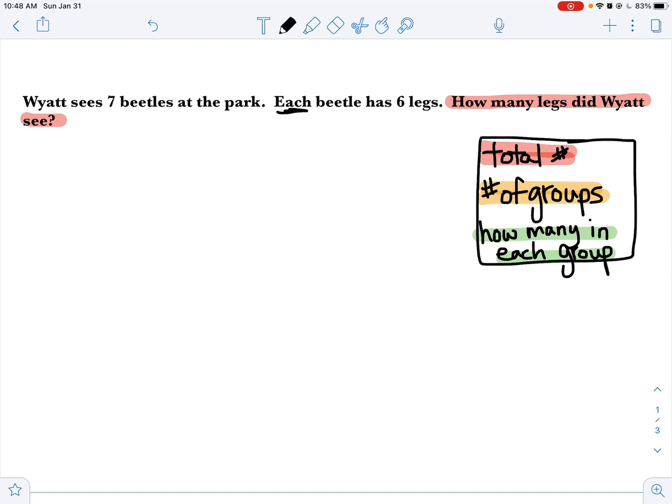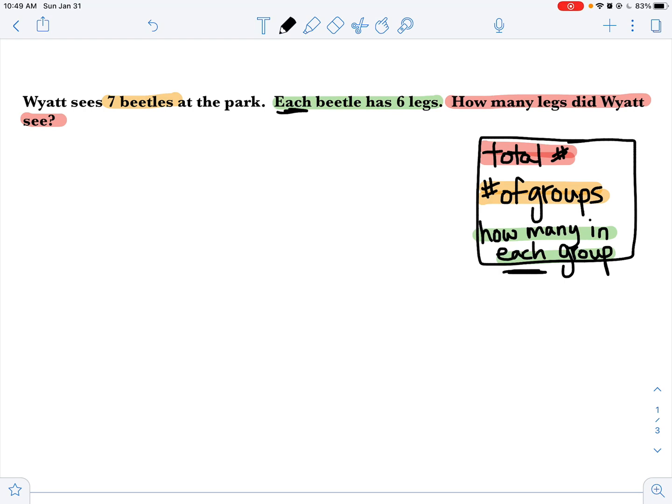Well, there's that nice word, each. That correlates right here. How many in each group? So that tells me this is how many in each group. Each beetle with 6 legs. So the number of beetles must be how many groups, right? Thinking of each beetle as a group.